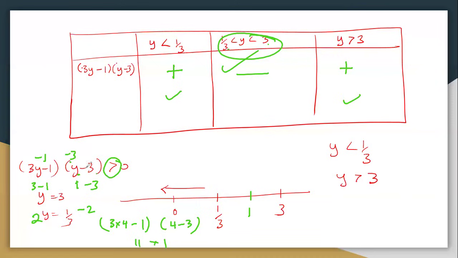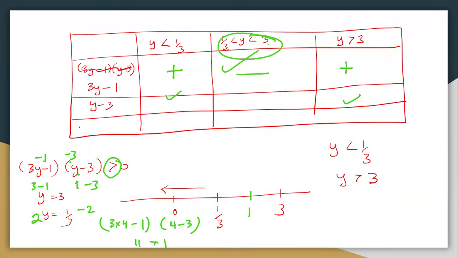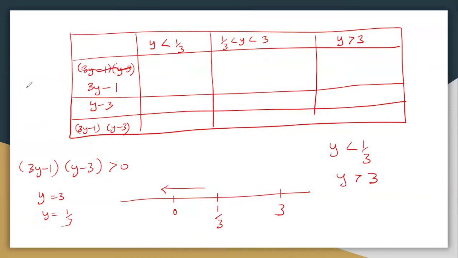Now, in case you wanted to break, this is what would have happened. You would have said 3y minus 1, and from there you say y minus 3, and from there you say 3y minus 1 and y minus 3. For the person who's breaking, you take a value less than a third, say 0.